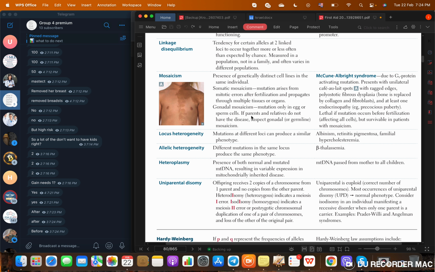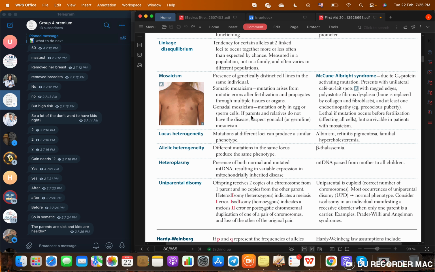Okay, so the patient I showed you with Down syndrome right now, he had a normal child, as you saw. So is he somatic or gonadal mosaicism? Absolutely correct. He is a somatic type of mosaicism.